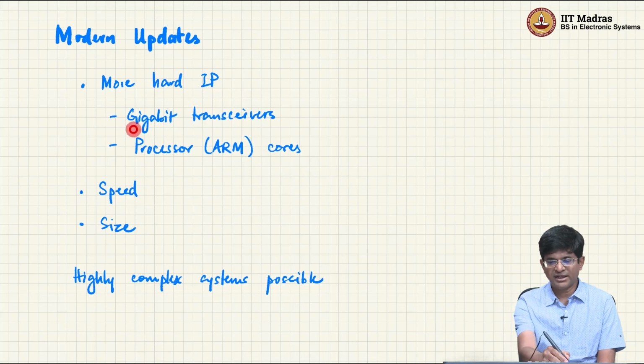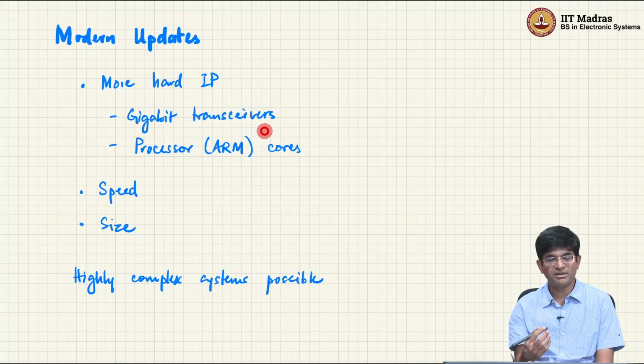Right? Examples of that include very high speed transceivers, transmitters and receivers that allow communication from one FPGA to another, or from FPGAs to, let's say, Ethernet cards or high speed network interface ports. There are processor cores, in particular ARM based processor cores, that are directly present inside many of the FPGAs, typically the ones from the MPSoC family, the multiprocessor system on chip families, that actually have fantastic capabilities.